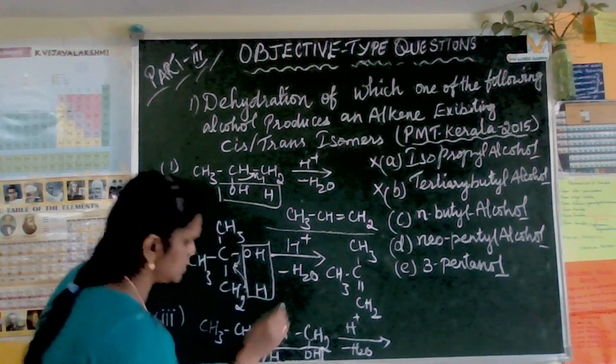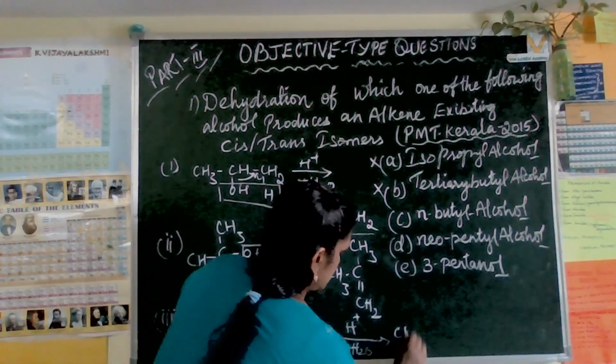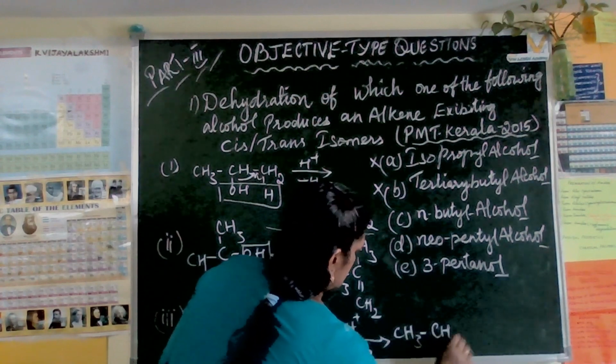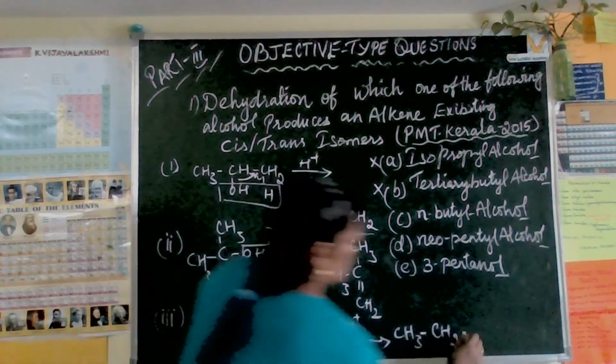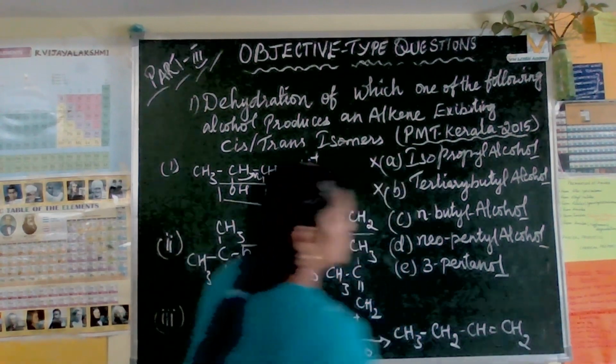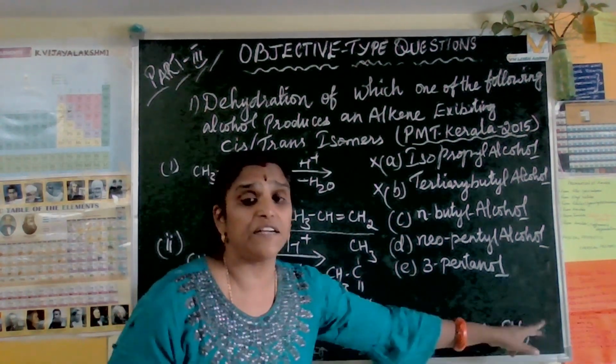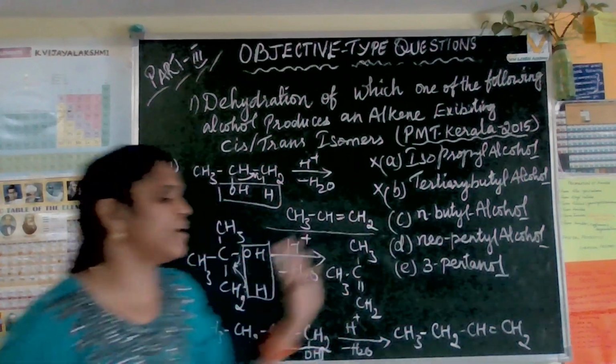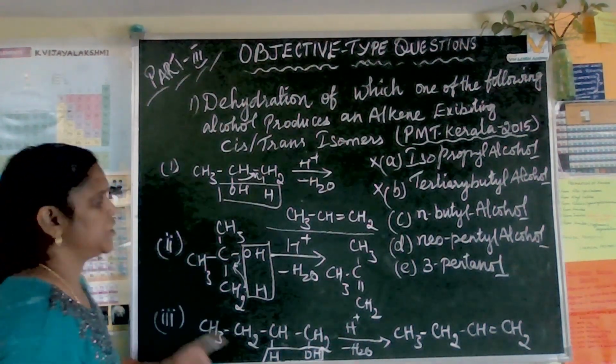The water is released, so you get CH3CH2CH=CH2. Here also there are two hydrogens, no different functional groups, so we cannot go for this third option either.